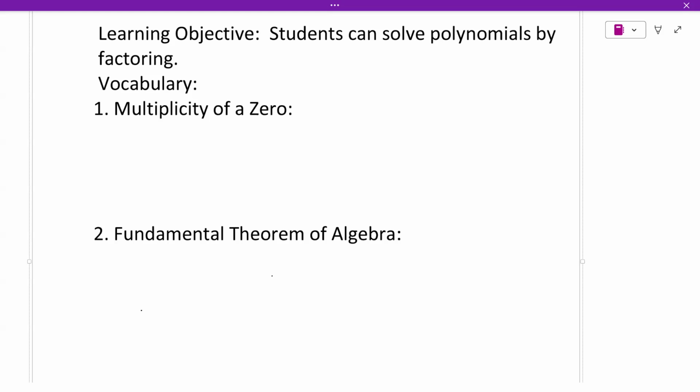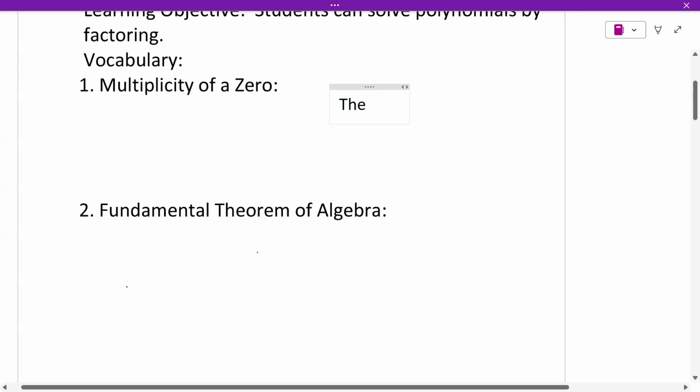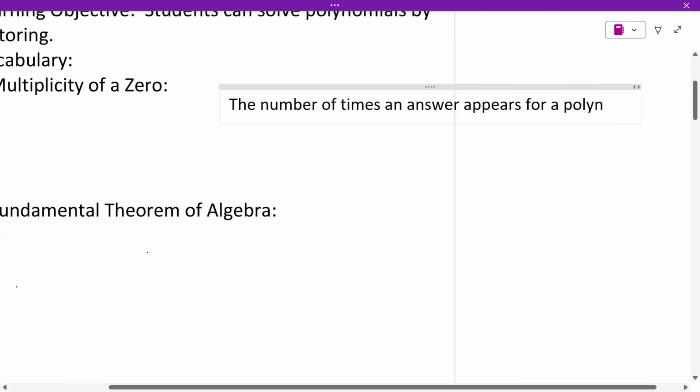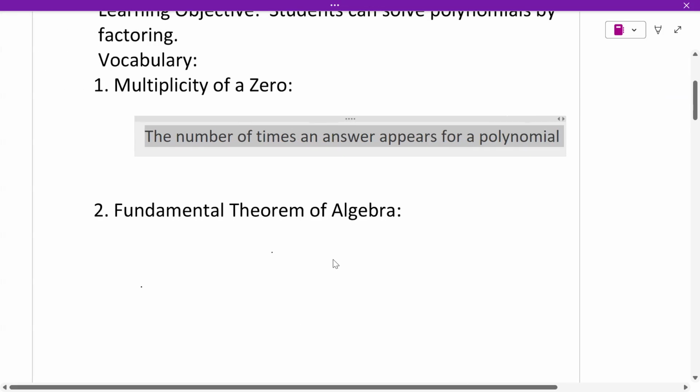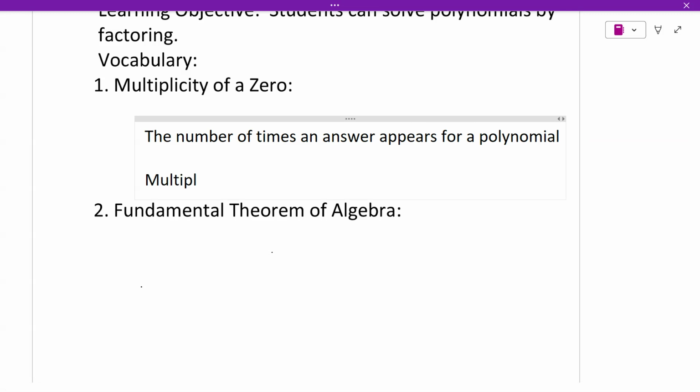So, multiplicity of 0 is the number of times an answer appears for a polynomial.